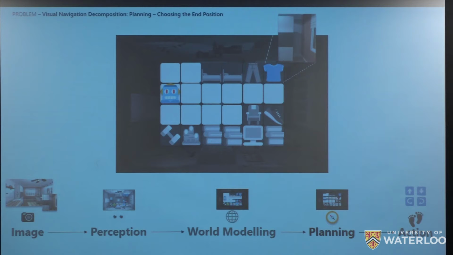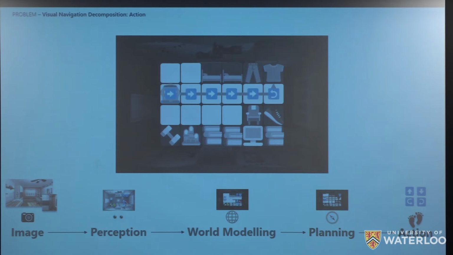We identify which grid cell we want to reach from that image, and with that grid cell and our start position, we can run a shortest path algorithm to drive us to that location. And from that path, we then have a set of actions that brings us to the desired location.